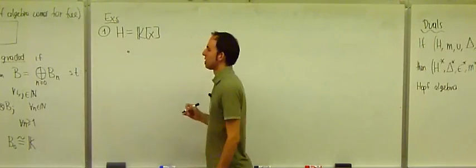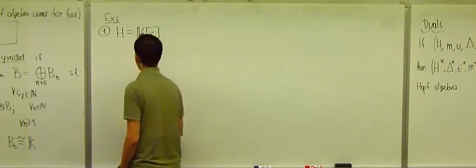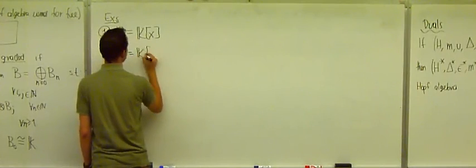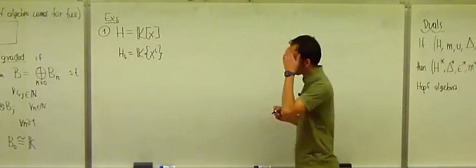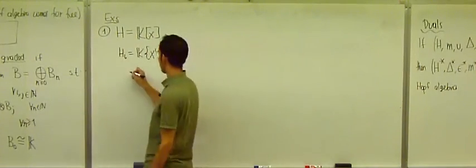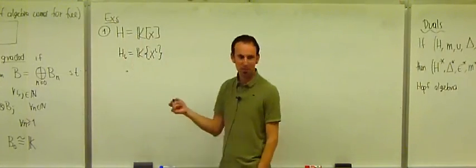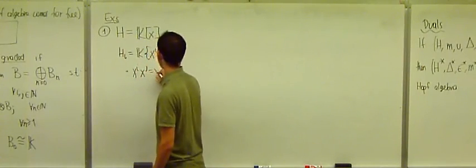Here, Bi is the multiples of x to the i. Let's check the conditions. Bi Bj is a subset of B i plus j. Well, that's true because x to the i times x to the j is equal to x to the i plus j.